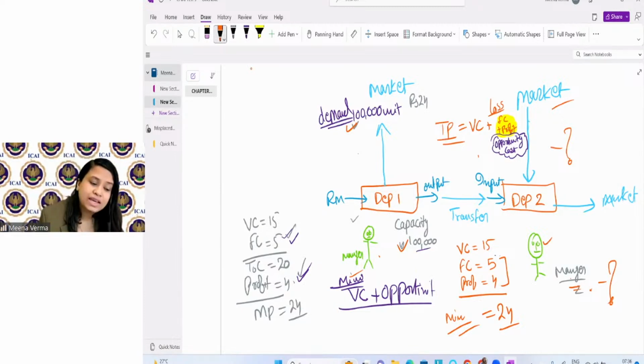So the minimum price that this department manager will charge will be 24 rupees and the manager of department 2 will agree to get it, right? He will say, okay, no problem, give it to me. So the transfer will happen and he will agree to get it at rupees 24.